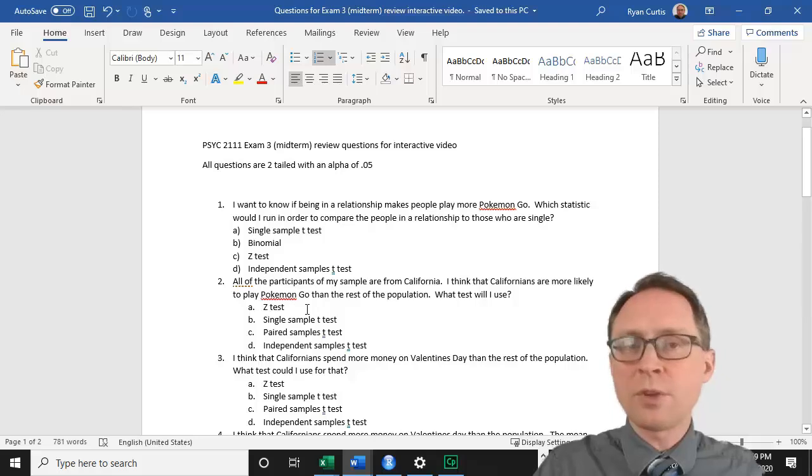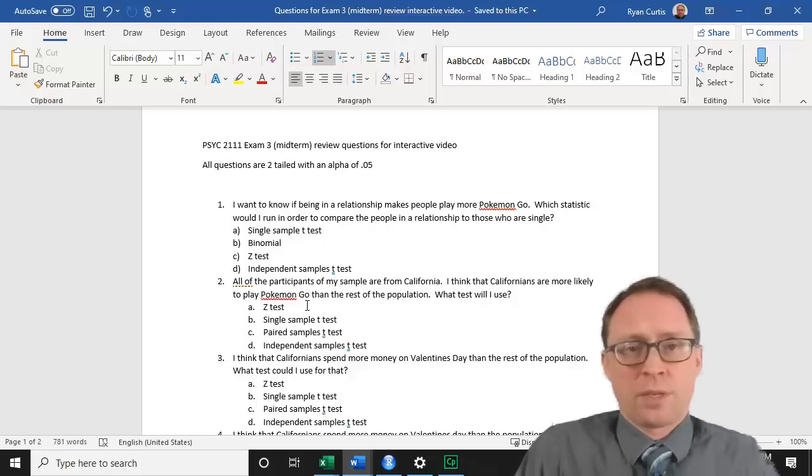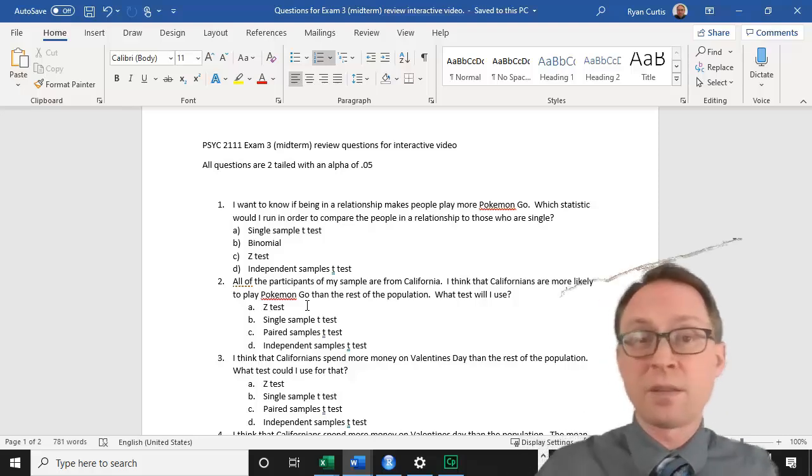We'll get to binomials later on, but in this particular case, the z-test, single sample t-test, paired sample t-test, none of those can do that, because the dependent variable for a z-test or any of the t-tests must be continuous. You have to be able to calculate a mean. Otherwise, you can't do any of them, and that's kind of the point.